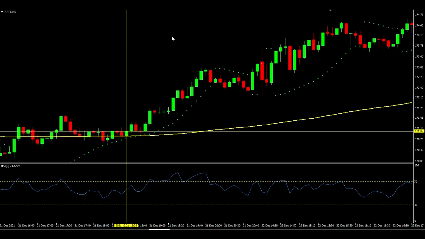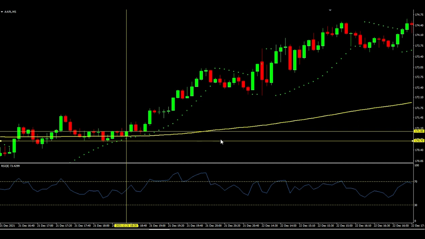The other way of placing the stop loss is using the parabolic SAR. Below this you have a dot, and below this you have another dot. So we're going to put the stop loss below the previous parabolic SAR, which is here.